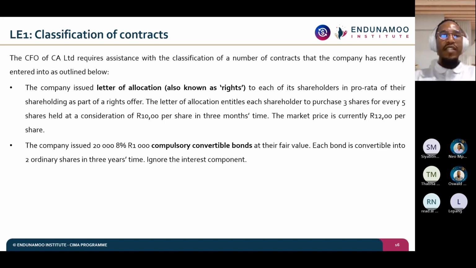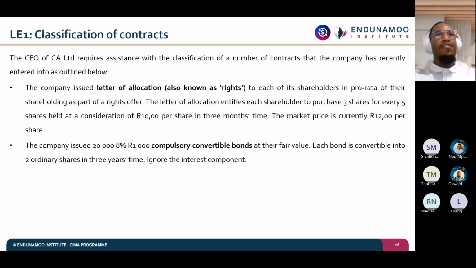The first contract is where the company has issued a letter of allocation, which is also known as rights, to each of its shareholders in pro rata of their shareholding as part of a rights offer. The letter of allocation entitles each shareholder to purchase 3 shares for every 5 shares held at a consideration of 10 Rand per share in 3 months' time. The market price is currently 12 Rand per share.